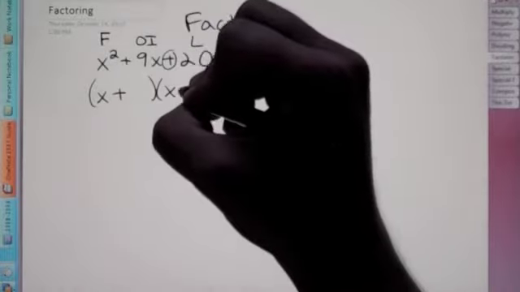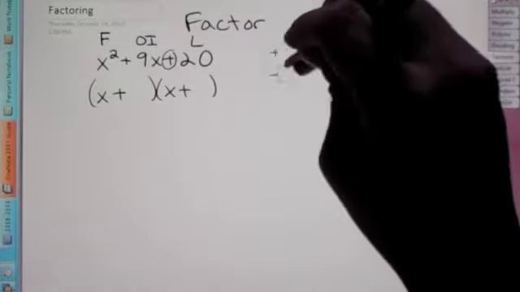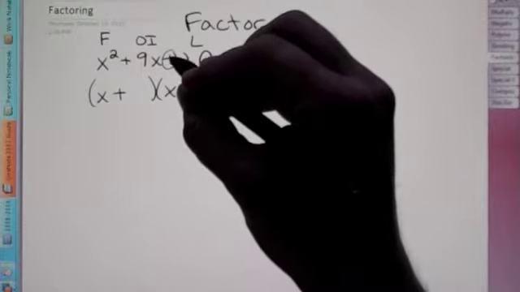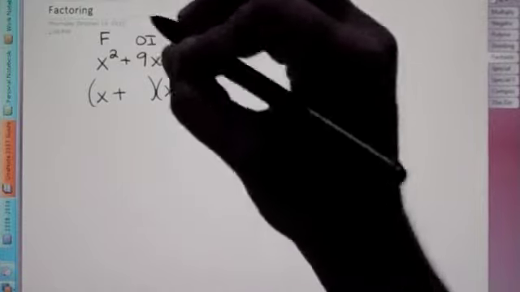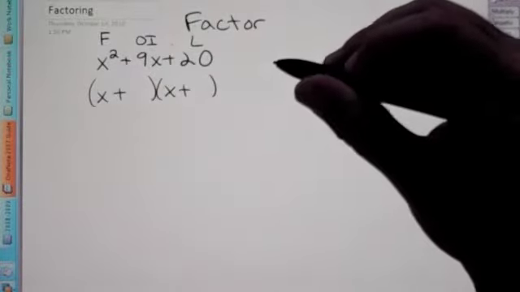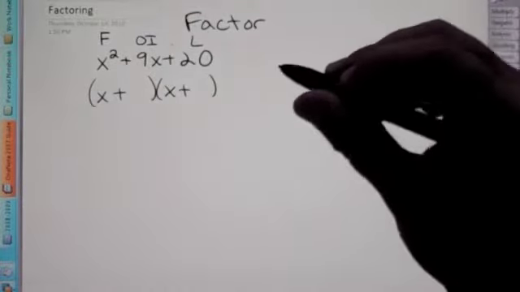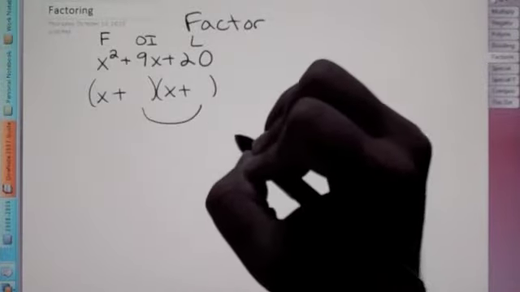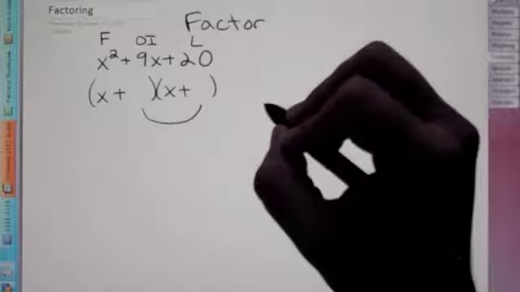So you know these are both going to be plus. Again, if this is ever plus, you have the same symbols on the inside, either two pluses or two minuses.